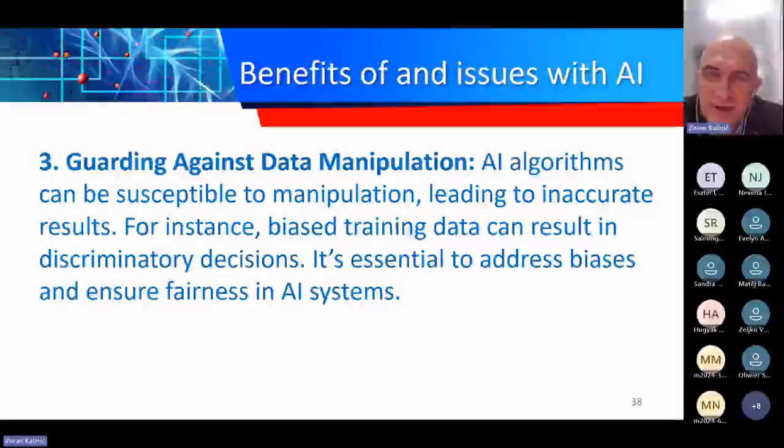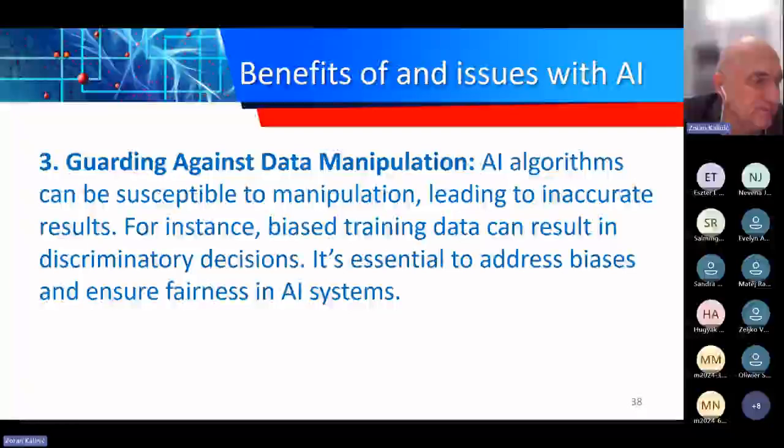Here, I don't know if you heard the term bias in your previous lectures, but one of the major problems in the application of artificial intelligence is the problem of bias. Because if there is a bias, which means that something was done in a wrong way in a previous period.